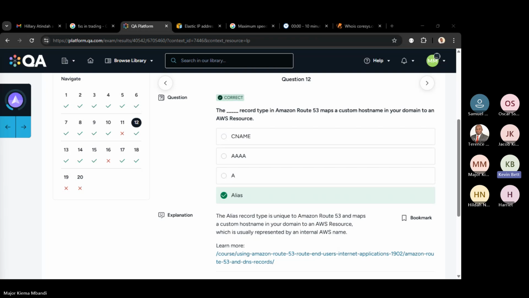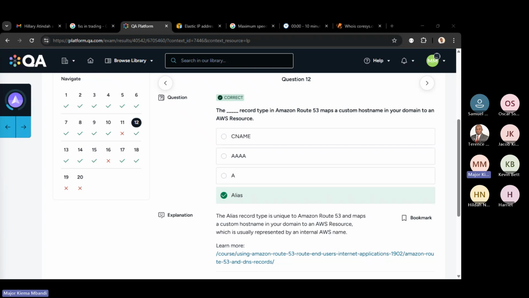So the explanation is the alias record type is unique to Amazon Route 53 and maps a custom hostname in your domain to an AWS resource, which is usually represented by an internal AWS name.